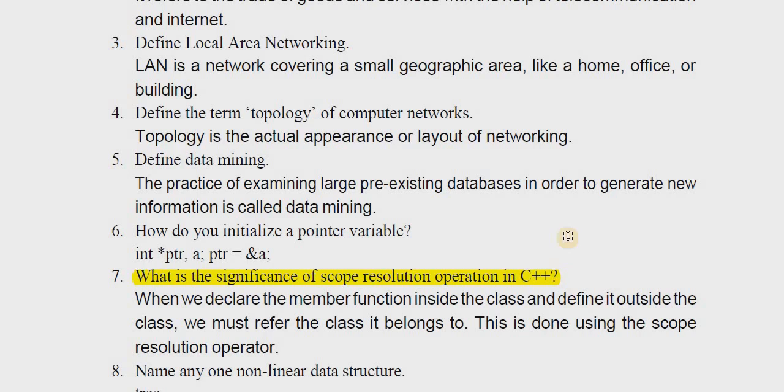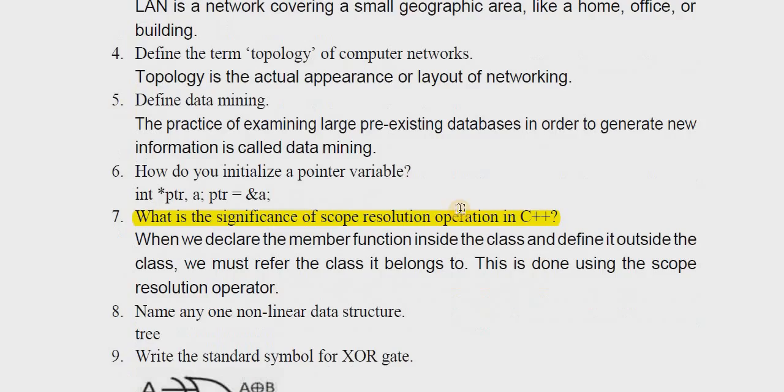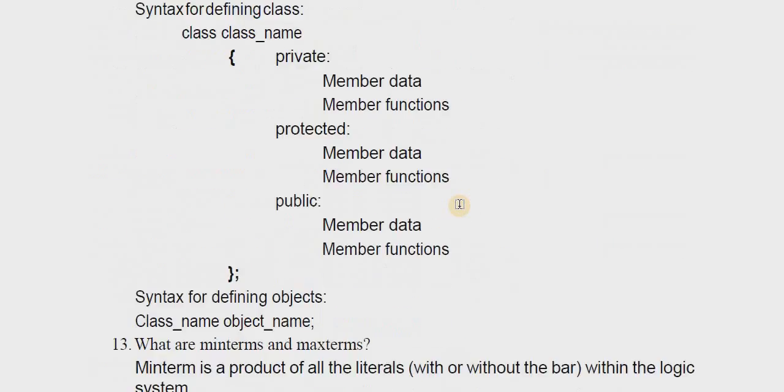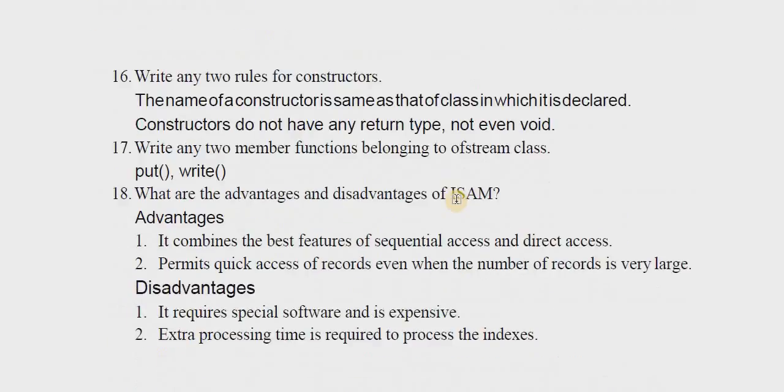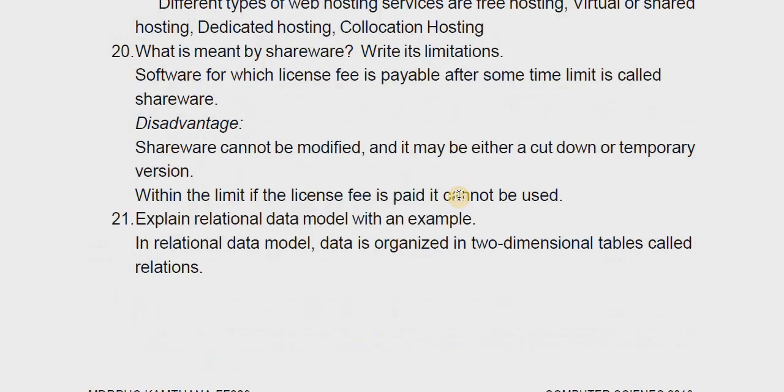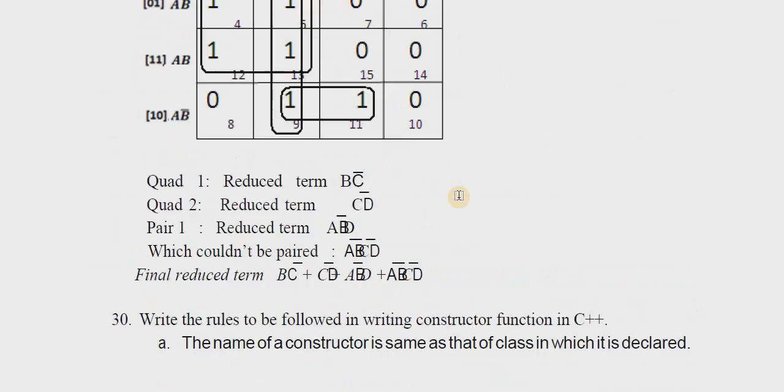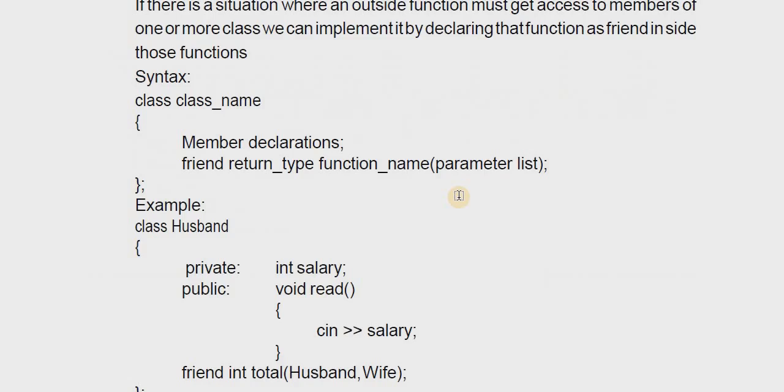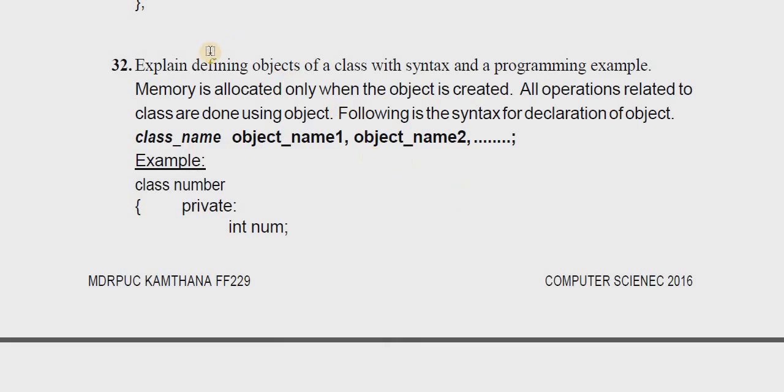I have already given you notes, so here we will just see the questions. Okay, next we will see the 5 marks question. Here the 5 marks question is, explain defining objects of a class with syntax and programming example.